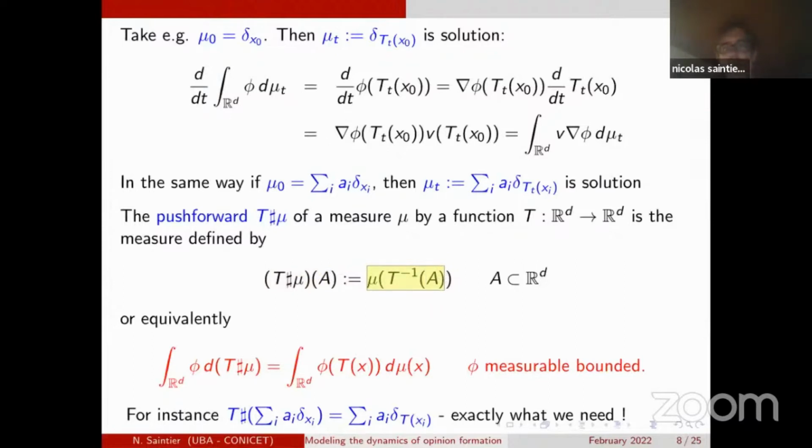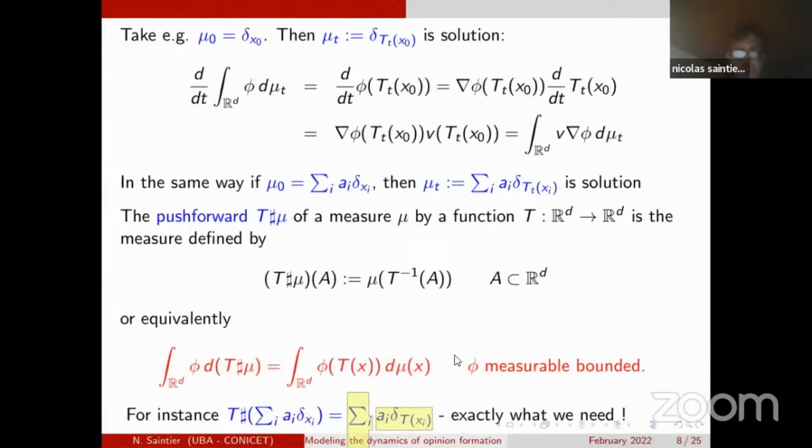And this is equivalent to this formulation, right? It's exactly the same. But I prefer the second formulation because this is the formulation that I will really use. So let's take that as a definition of the push forward of a measure. And with this definition, you can check easily that really the push forward of a convex combination is exactly this thing.